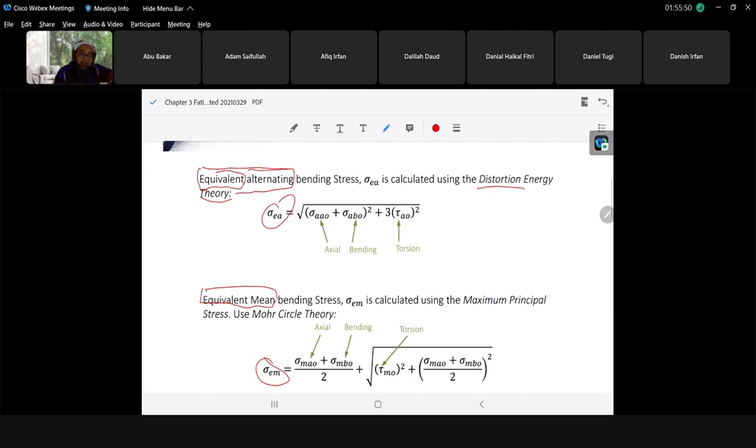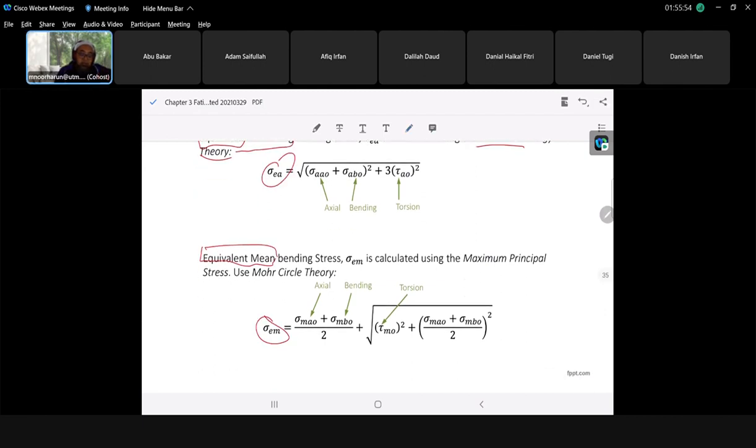For the mean stress, use the maximum principal stress using Mohr's circle or this equation, then you will get the equivalent mean stress, bending combined.